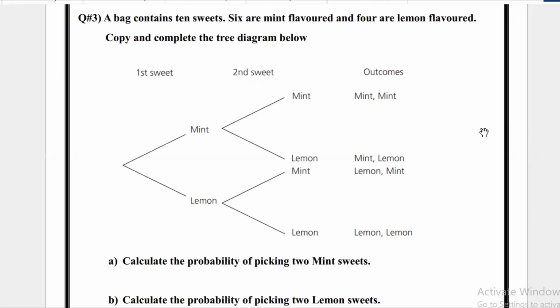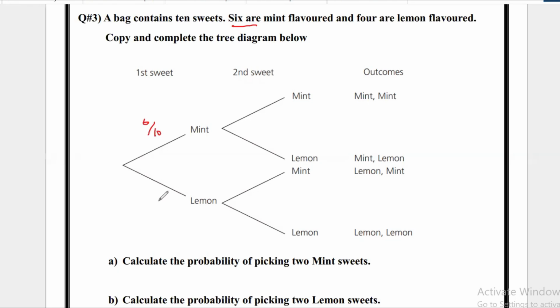Questions related to combined events, and as you can see there's a tree diagram and it shows a bag contains 10 sweets, 6 are mint flavored and 4 are lemon flavored. Copy and complete the tree diagram below. So remember, the total number of sweets is 10, and out of 10, 6 are mint flavored. So the probability of a mint sweet is 6 over 10.